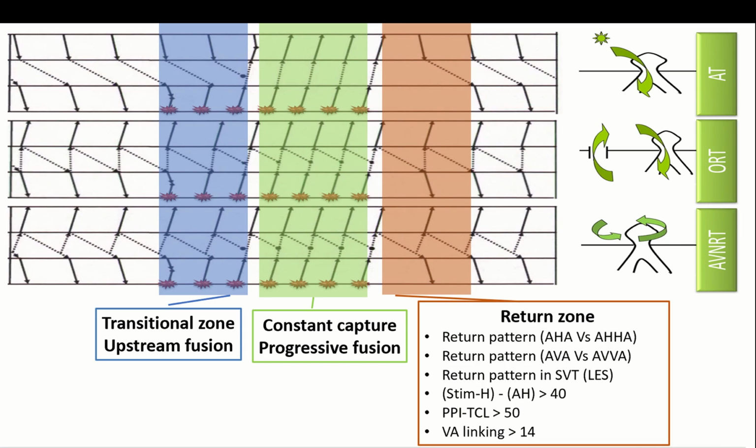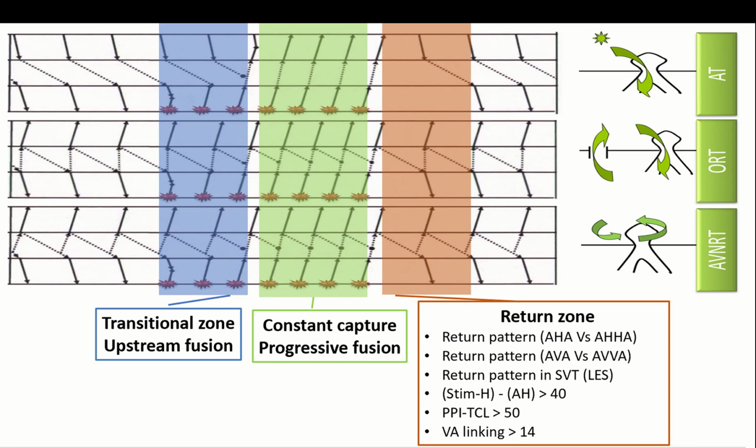Is it AVA response or AVVA response? Also, we will assess the last entrained sequence to differentiate all types of SVT. Then we will assess stim to H minus AH interval more than 40 milliseconds or not. Then also it will help us in flutter post-pacing interval minus tachycardia cycle length, and finally the VA linking concept.